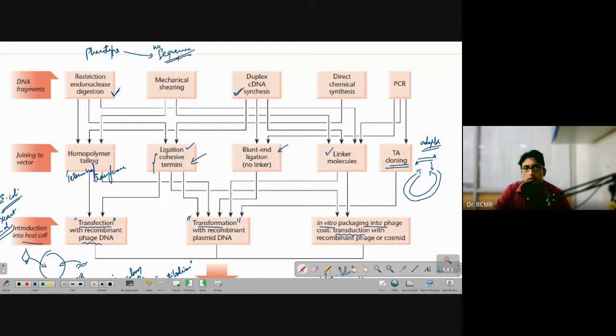In that case, we don't know the sequence, we don't know the location where it is, and we should be able to figure out the gene of interest.